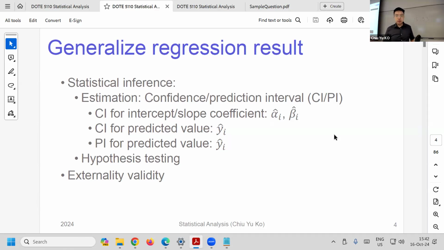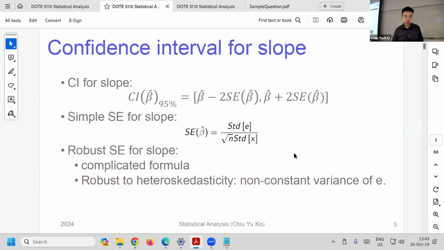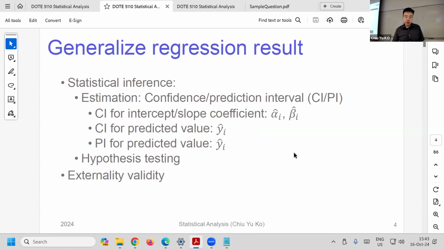So the question would be, is it enough? Then we need to know more. It's like the confidence interval we mentioned before: instead of a point estimate, we estimate a range of points.